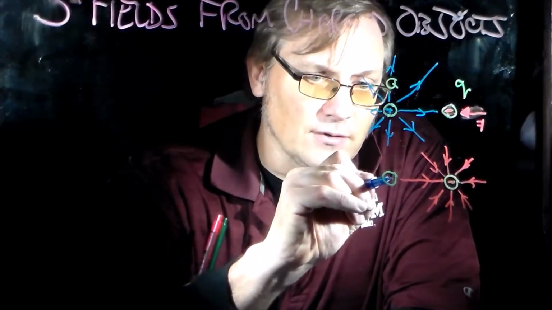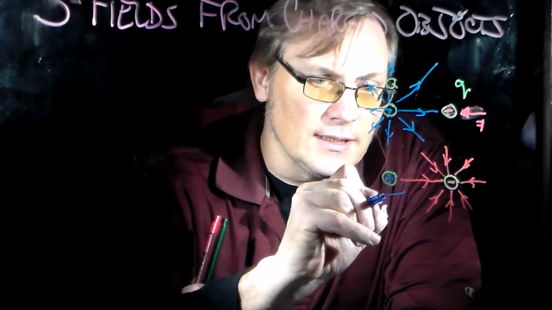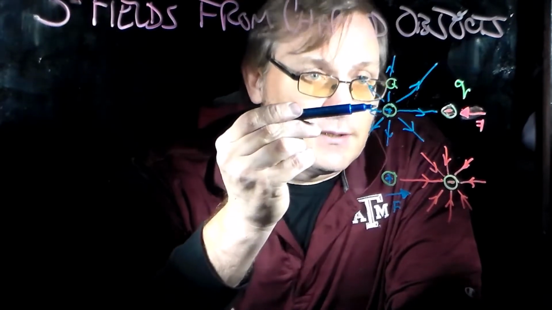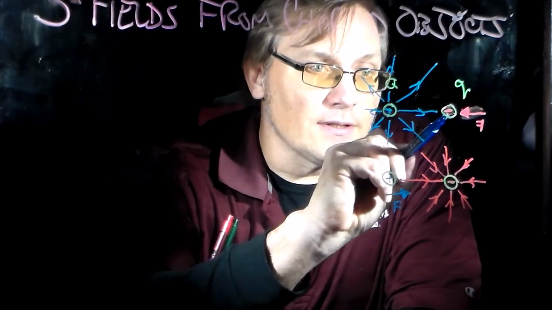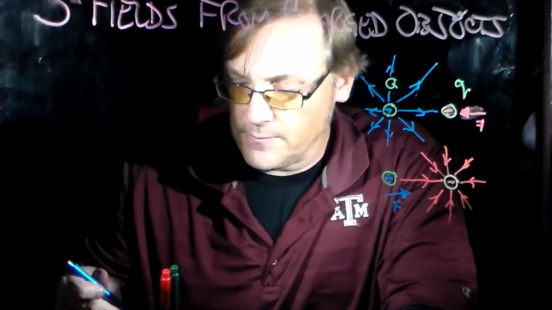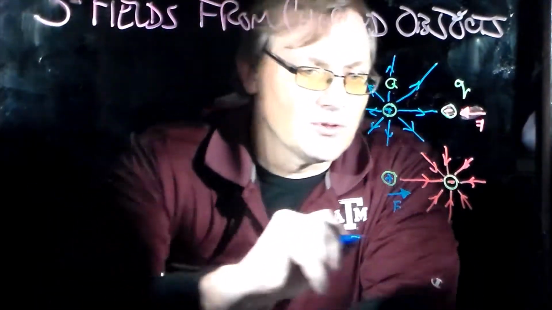So this guy's a positively charged object. He's got a field that's going this way, so his force is coming in. Right? So he's putting out a force this way. This is negatively charged, so it goes in the opposite direction of the field, so it goes towards this guy, and the opposite down here. Okay, so that's basically what we call Coulomb's law.